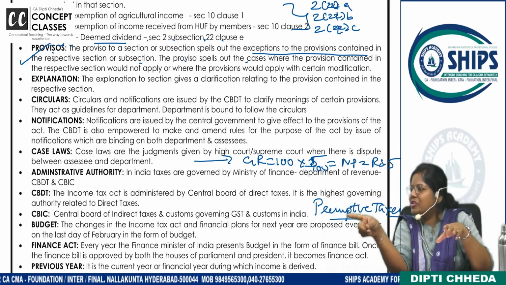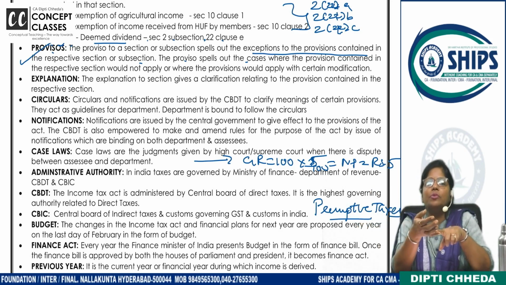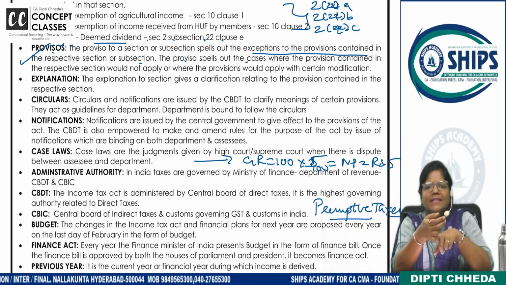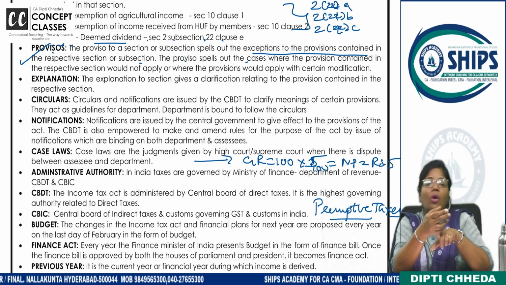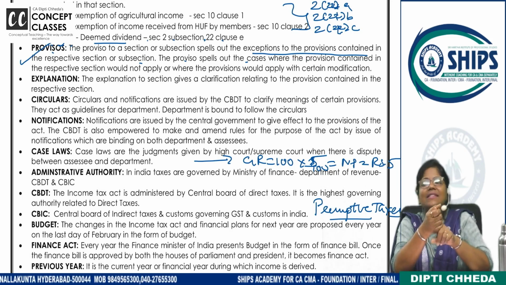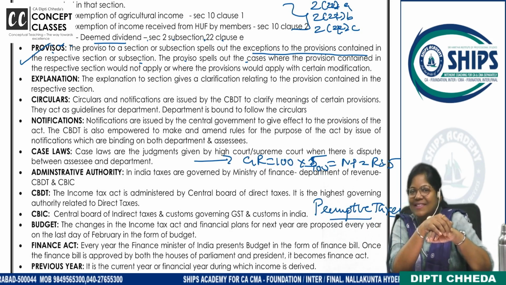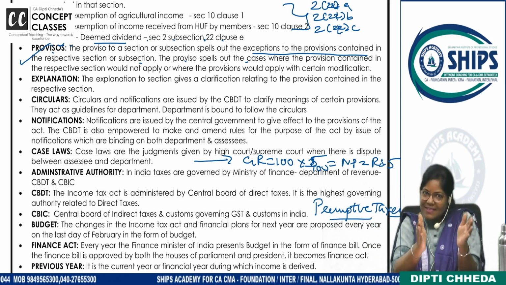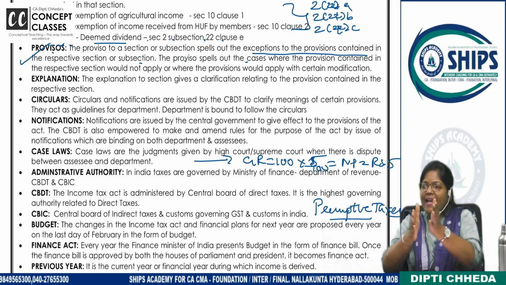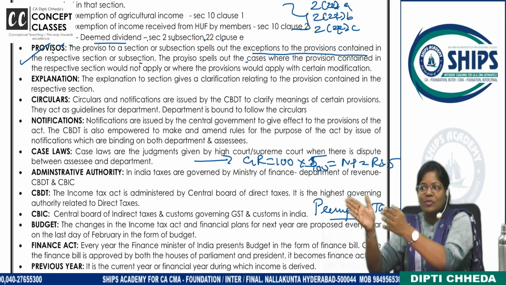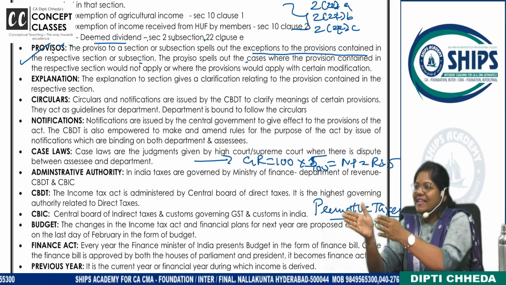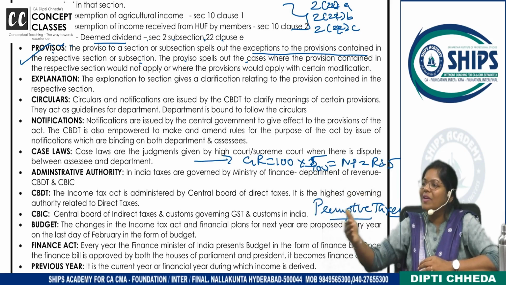So what is exception to the rule? In case you need to pay to a farmer or person who is not having bank account or where banking facility is not there. Can you pay him cash? So what did I say? Section. And in case you don't follow the section, so what are these? Exceptions. Exception is equal to what?